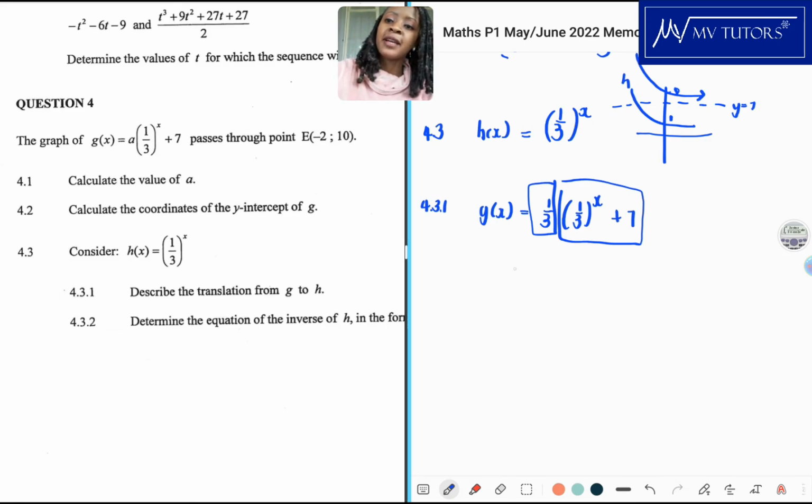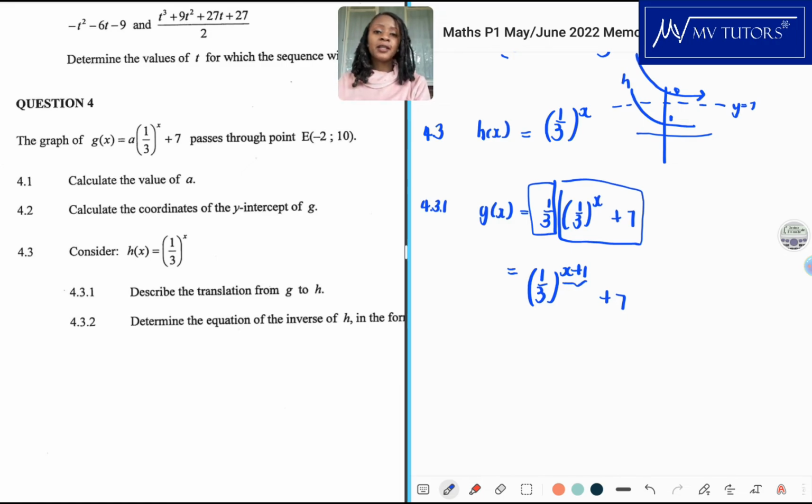So I would rewrite g like this. I would say a third, and do you see that it's actually x plus 1 plus 7. So whenever you have x plus or x minus, you have a horizontal shift. 7 is the vertical shift, but anything next to x, x plus something or x minus something, it's either a left or a right shift. So if it's plus 1, it has shifted 1 unit to the left.